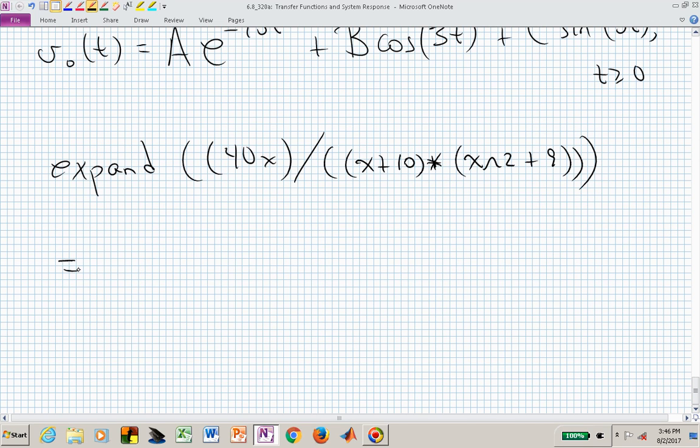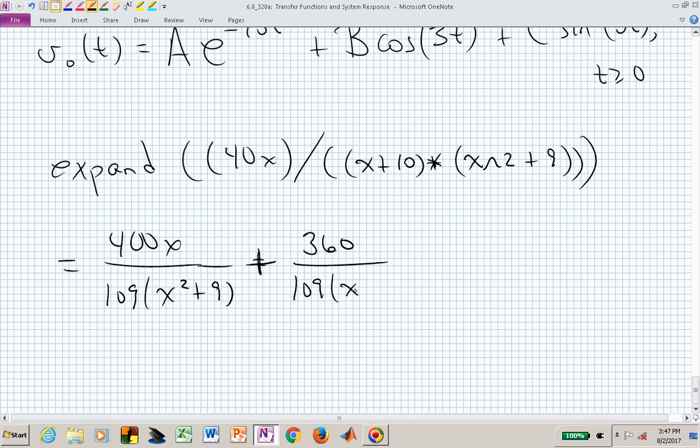And this now will actually expand to give us 400x over 109 times x squared plus 9, plus 360 over 109 times x squared plus 9, plus, in fact, it spits out a minus sign, so let me go ahead and put a minus sign, minus 400 over 109 times x plus 10.